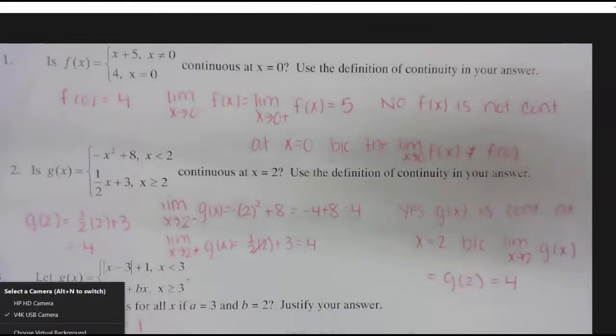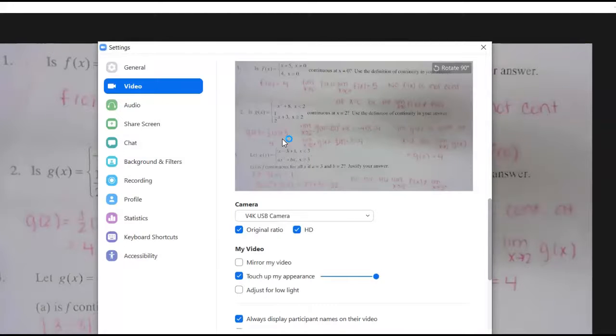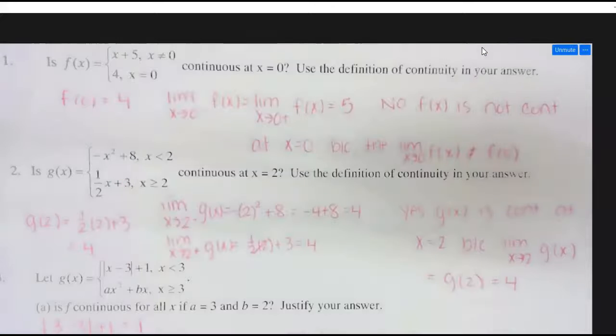So continuity has 3 rules. Your rules for continuity are that you have to prove the limit exists. You have to prove that the actual function itself exists.